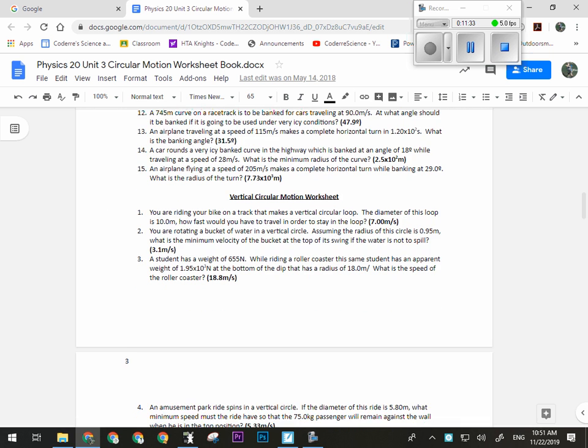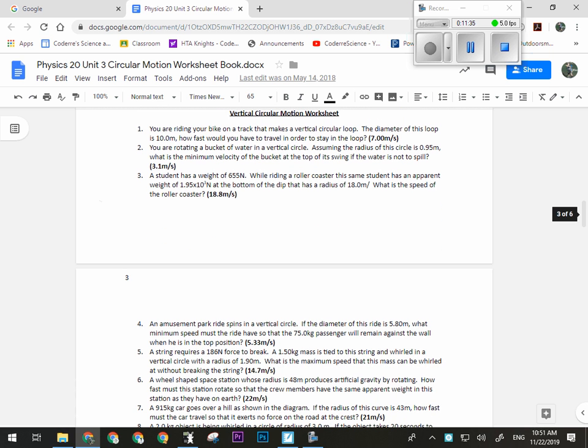They start at the bottom of page 2 and continue on to page 3. That's what I want you working on right now. They start out pretty simple, but they're going to get more complex as we go along. Remember, on Monday you're getting an assignment with all types of circular motion that we have covered thus far. That's the halfway point of the unit, so we've got to be ready to move on.